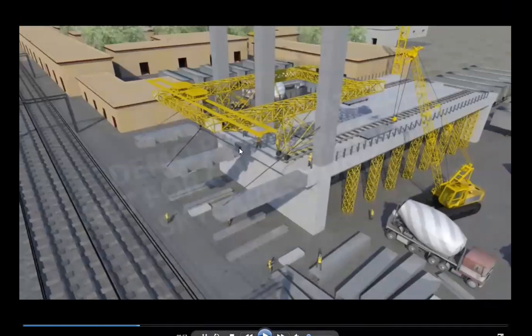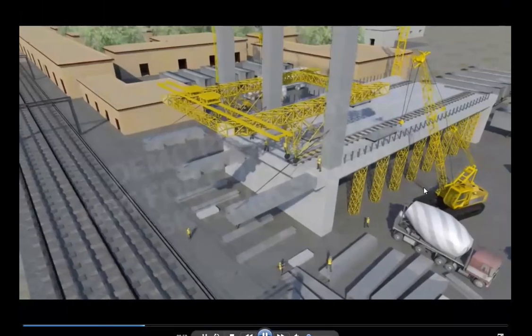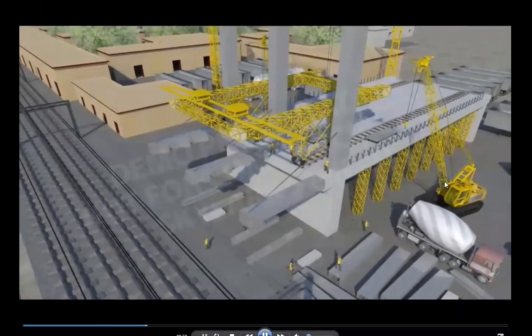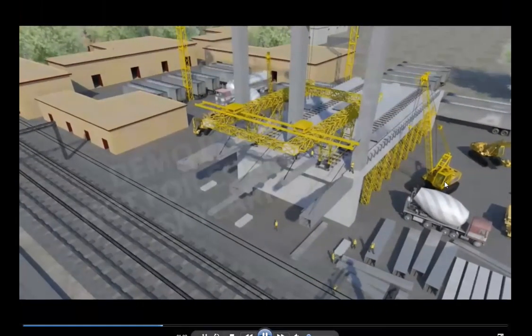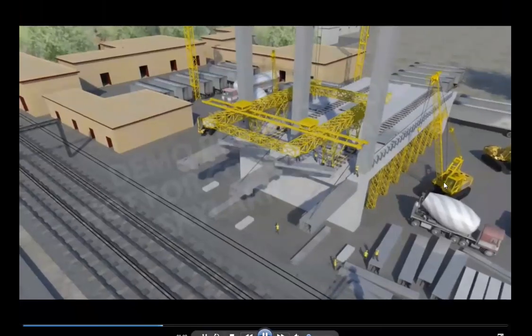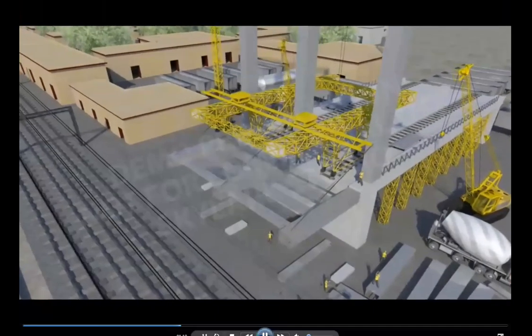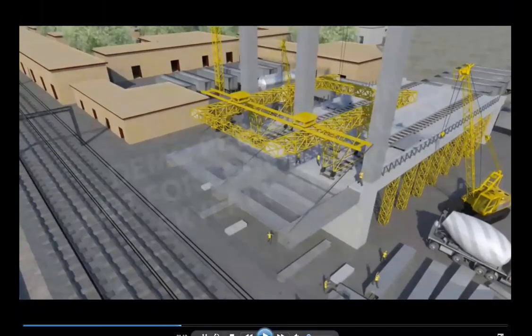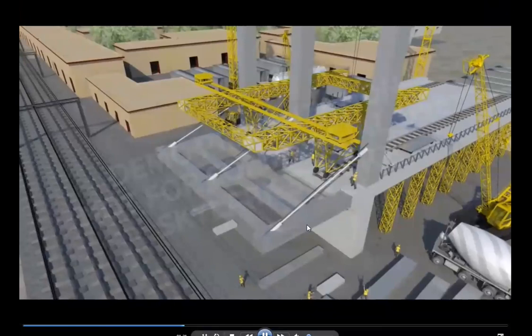Those three are first erected, then those are bolted, and those are temporarily held by some temporary arrangement. First the cross girders are placed, and then the precast planks are erected on top of it. Before that, the permanent cable is stressed.